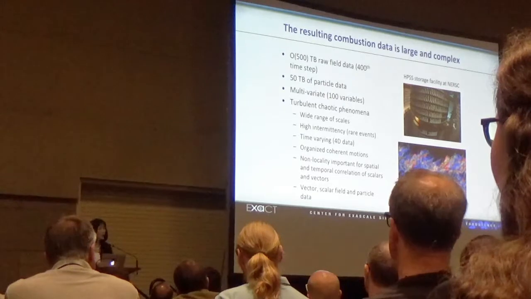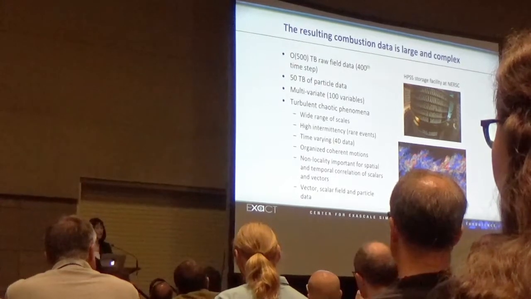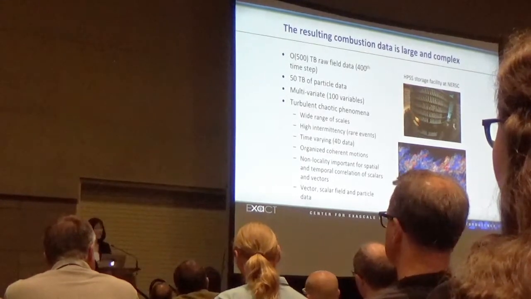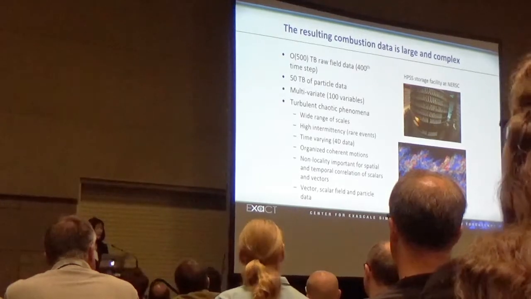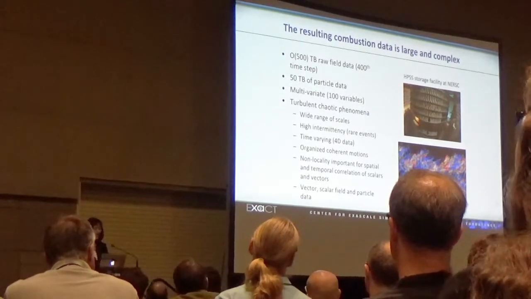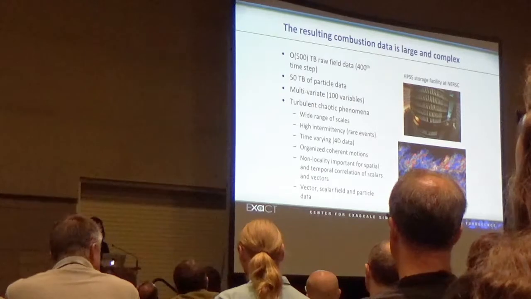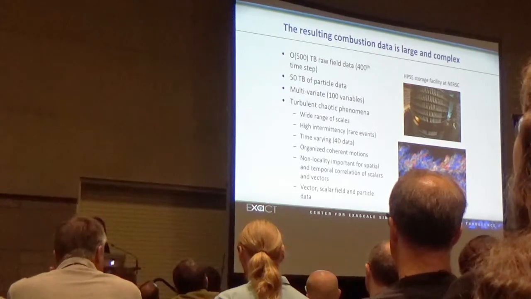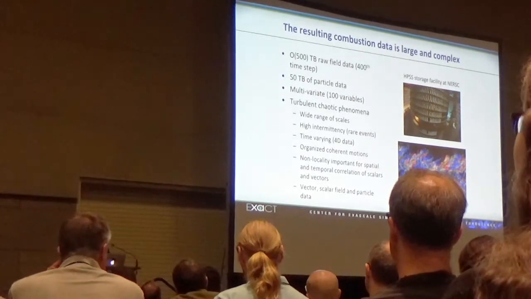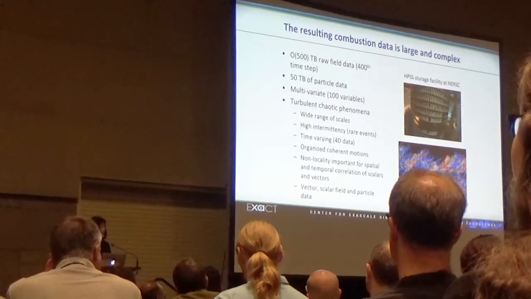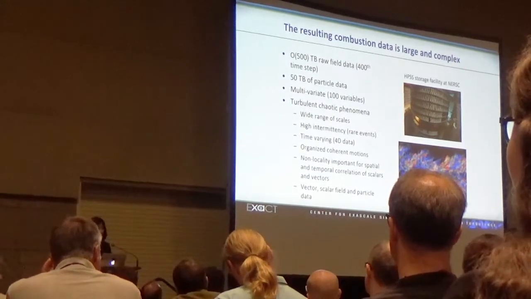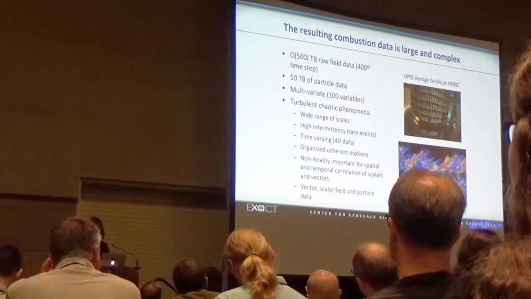And so we don't want just point-wise statistics, because spatial information would be lost. So we're interested in non-local behavior and structural information and causality information between the scalar fields and the vector fields, the vector fields being the velocity, entropy, strain rates from the turbulence. And this is all tightly coupled.